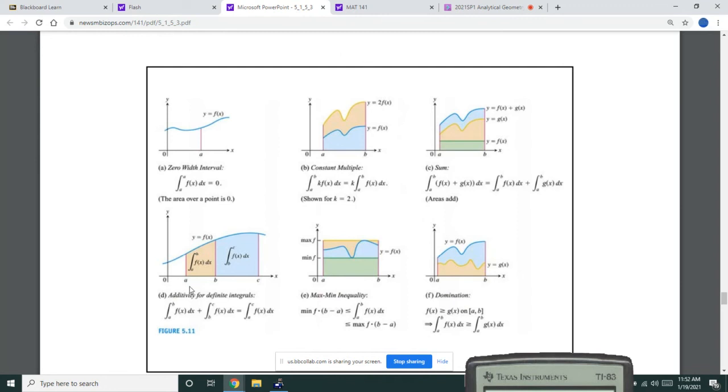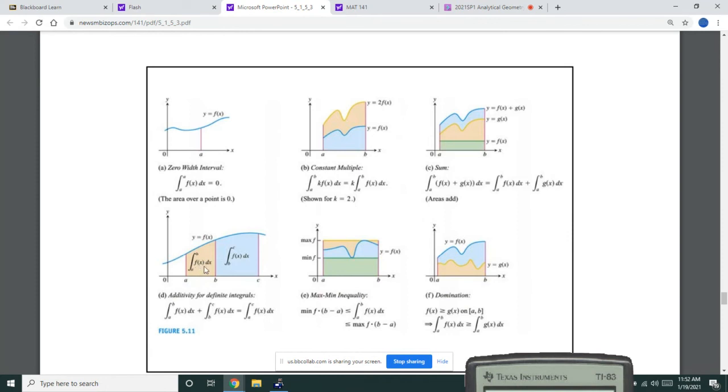So what this says is, if you were to add up this integral on the interval from a to b, so that's the first part, plus the integral from b to c, that's the second part, that's going to equal the integral from a to c for your function f of x dx.